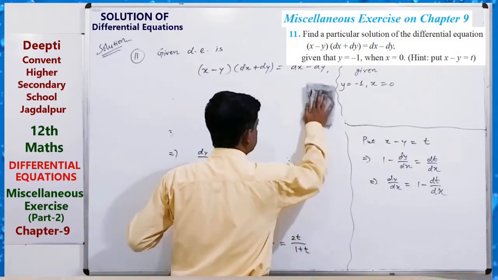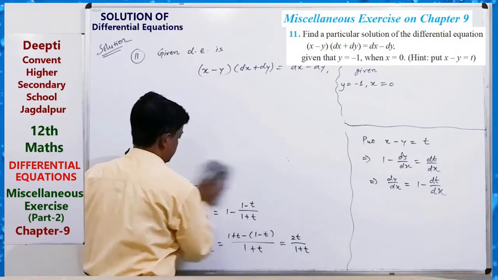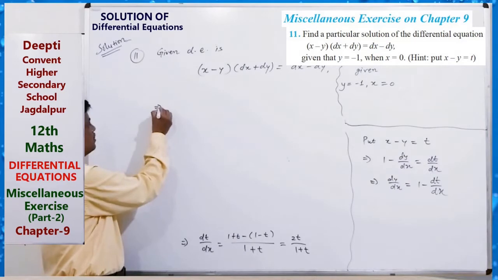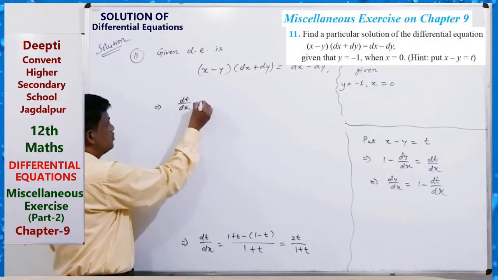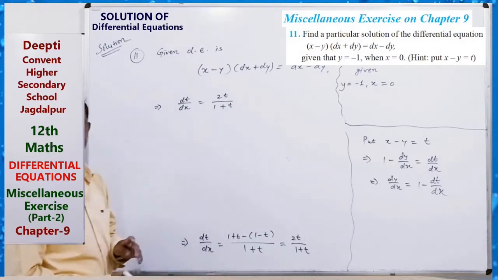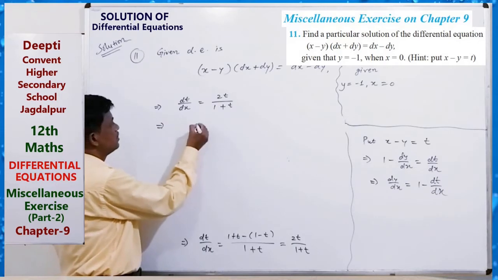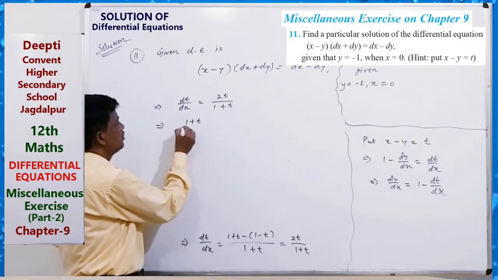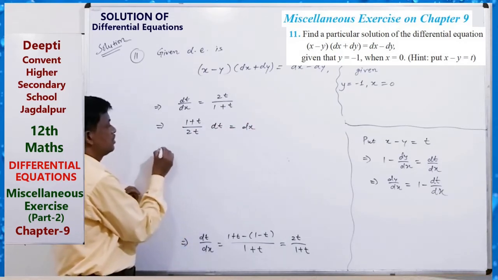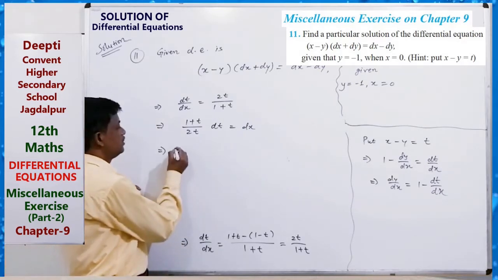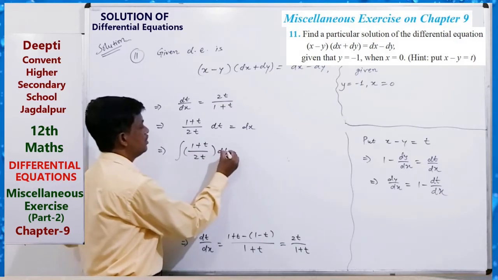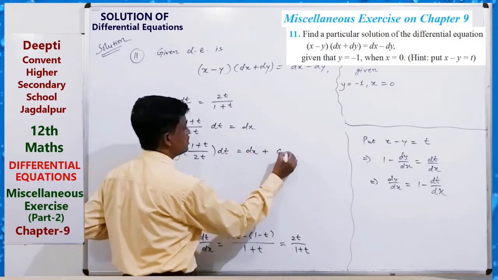So we can solve it. dt by dx equals to 2t upon 1 plus t. Clear? Just write like this: (1 plus t) upon 2t dt equals to dx. So integrate it. Integration of (1 plus t) upon 2t dt equals to integration of dx plus c.